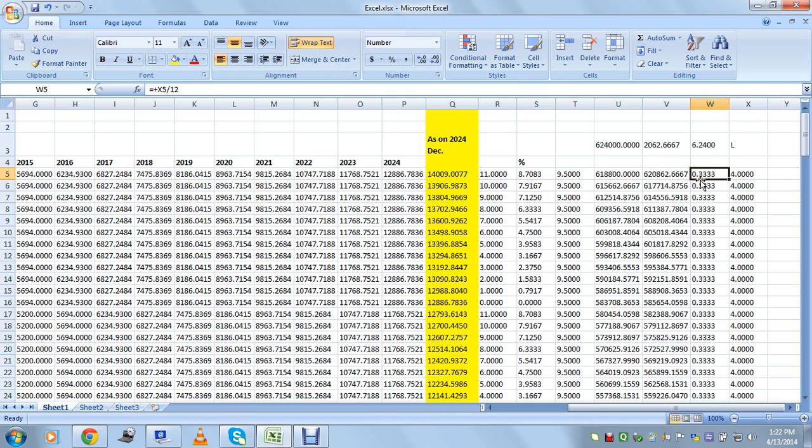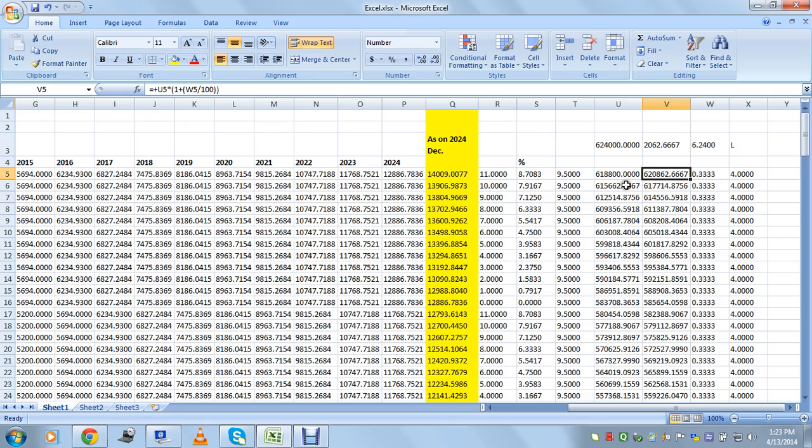And even if you deduct an amount of 5,200 from 6.24 lakhs, the value which remains will accumulate interest at the rate of 0.33% per month and turn out to be this much.